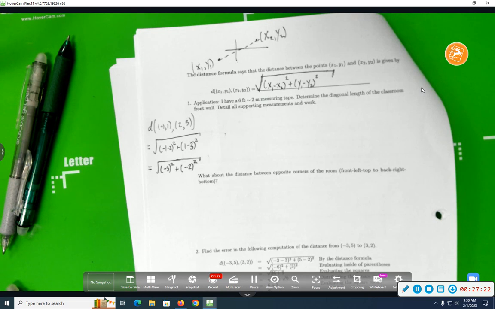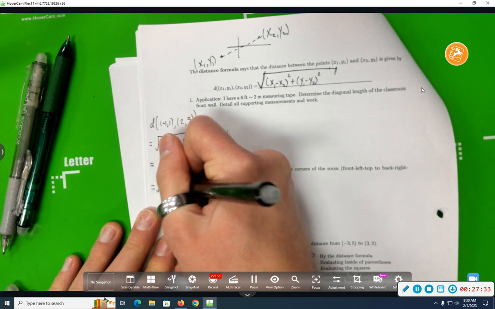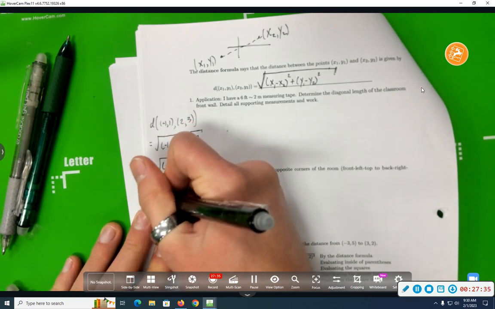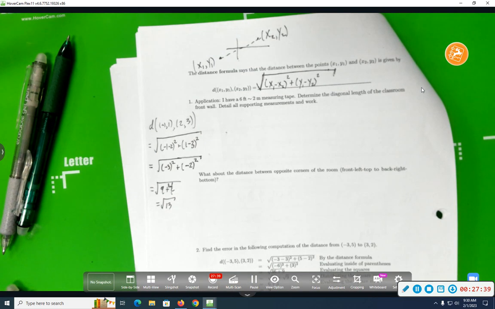Do those negatives actually matter now? No. Because of exactly what you said. We're squaring them anyway, so the negatives will go away. Nice. And now let's just imagine what would have happened if they were in the opposite order.